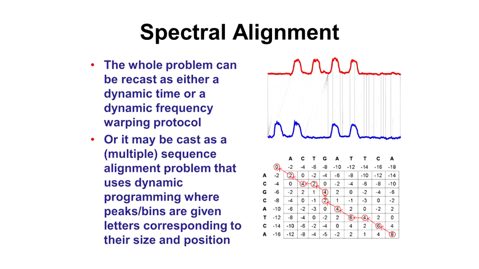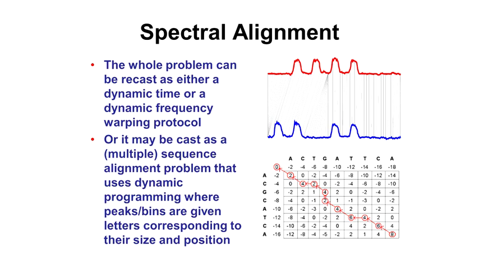This approach, whether it's through bins or through peaks, actually is very much similar to the way people do sequence alignment. And this is called dynamic programming, but it's also, for peak alignment, it can be called dynamic time or dynamic frequency warping. So you can use a long-standing, well-known algorithm called dynamic programming that's been around since the 1960s to get that matching, and it can be reasonably fast and very consistent.